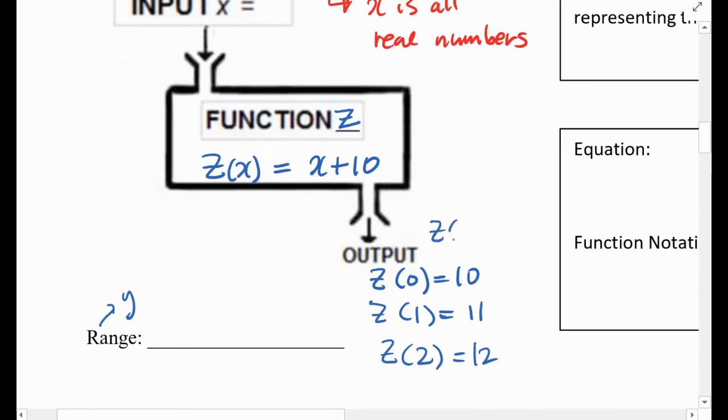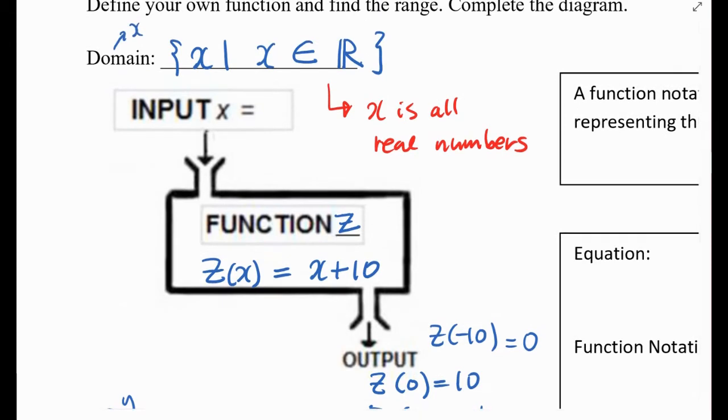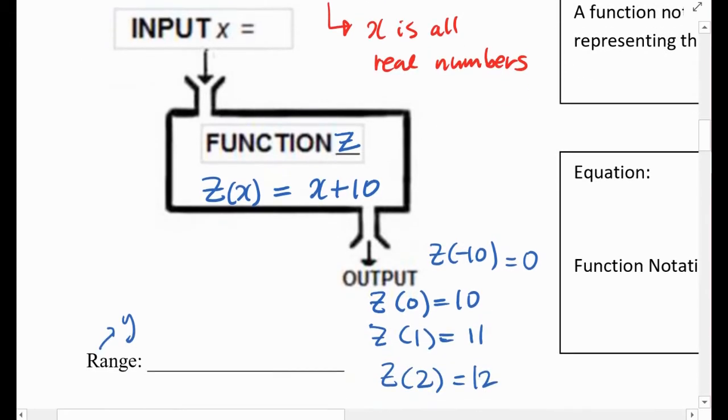Or z of negative 10: what is negative 10 plus 10? Which is 0. Okay then, everyone, what is the minimum y value and maximum y value? Depending on input, the y value changes, right? The output value changes. So what's going to be the minimum output?